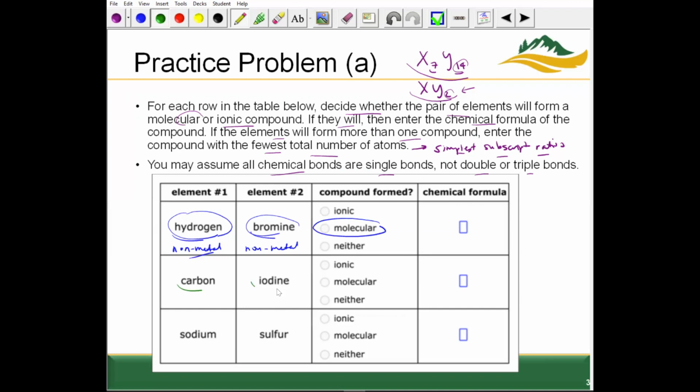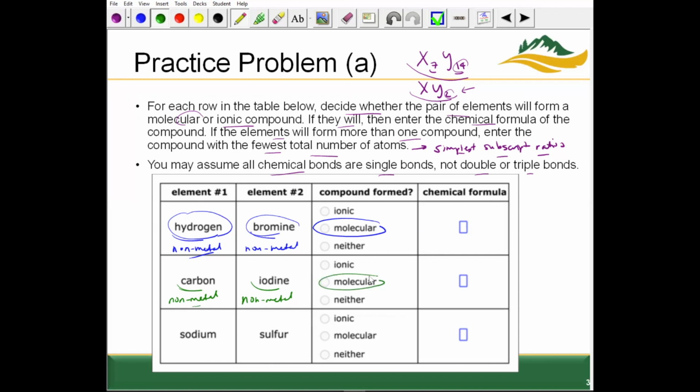Then carbon and iodine. Iodine is a halogen, just like bromine. That's also in the place of a non-metal. Carbon is not in the place of transition metals, and it's not an alkali or alkaline earth metal. Carbon is in a place on the periodic table that also tells us that that's a nonmetal as well.